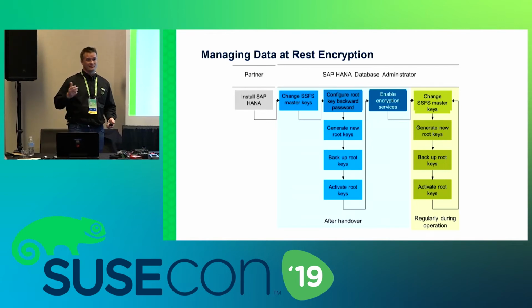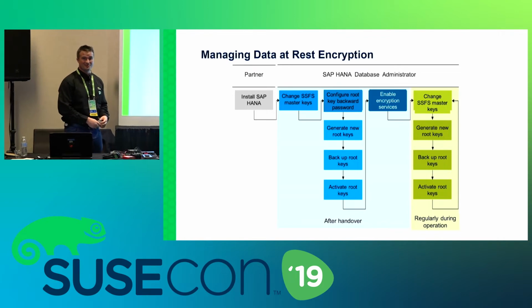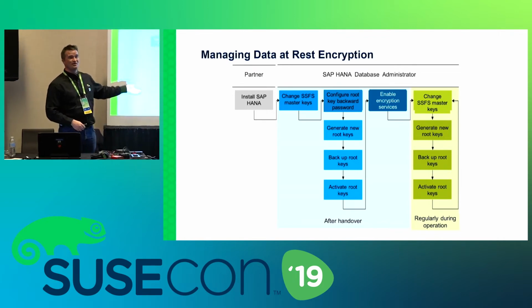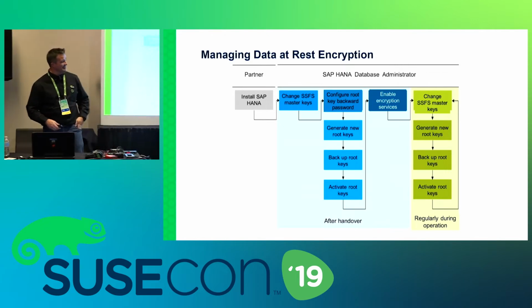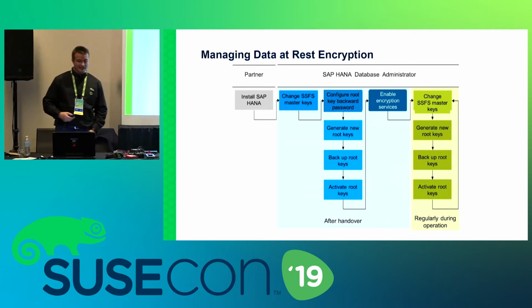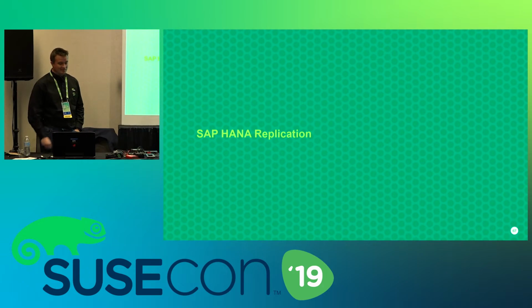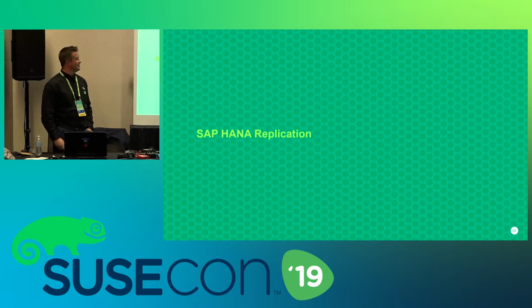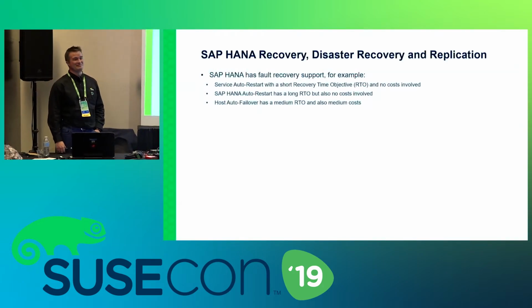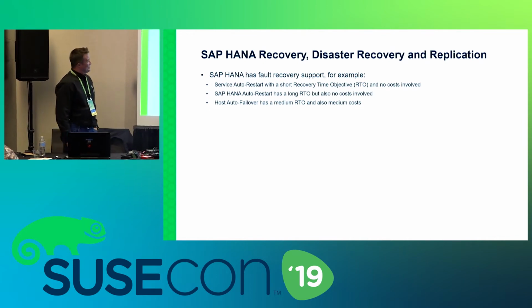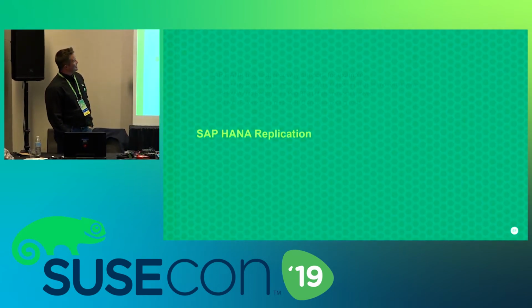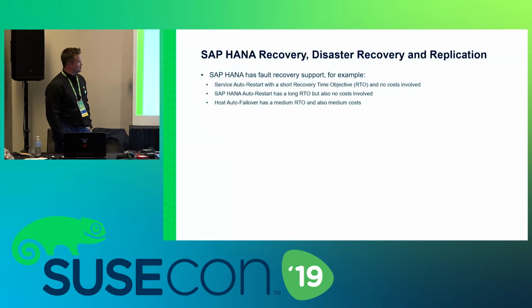And it's already a yellow or red depending on who's auditing your infrastructure, because someone can get your data. And you also need to regularly change it during operation. I think the recommendation there is at least once a year, or every time you maybe switch between administrators, potentially. All right, so, the next slide, SAP HANA Replication.